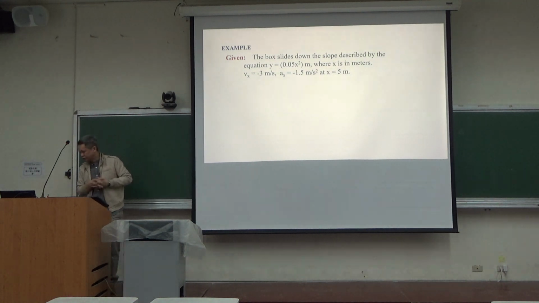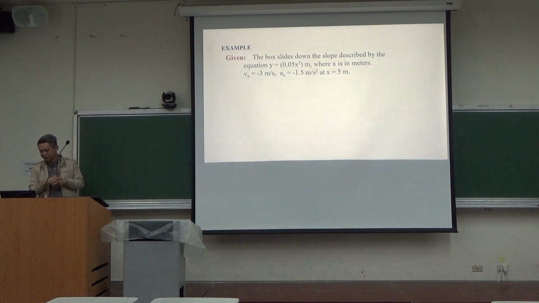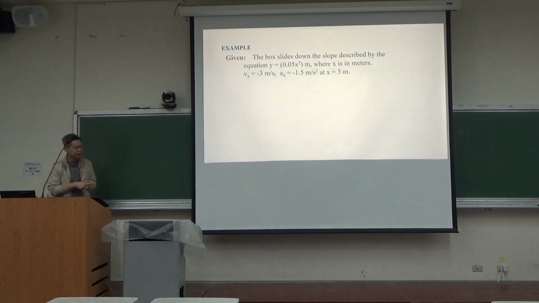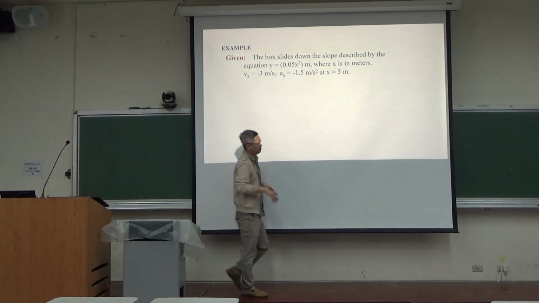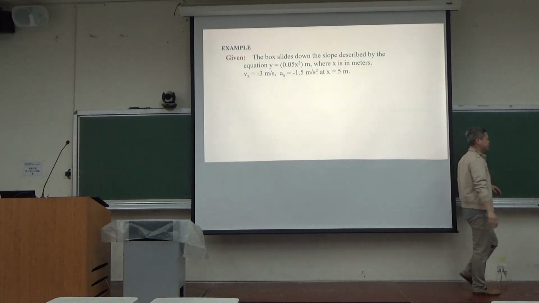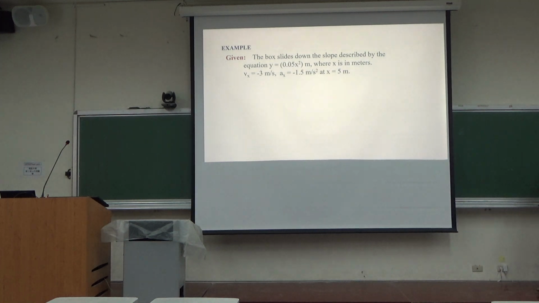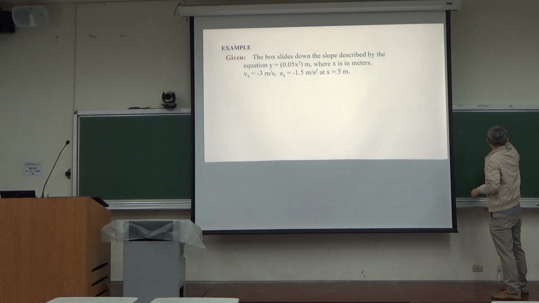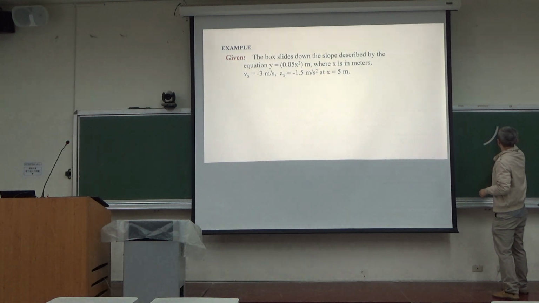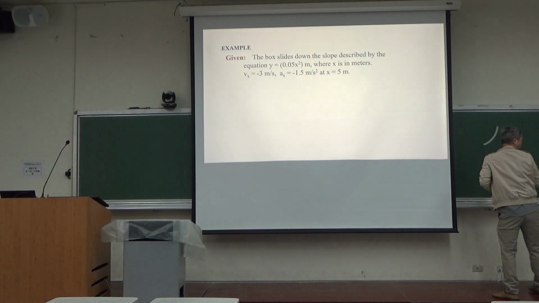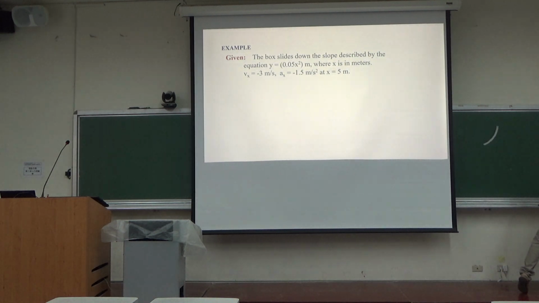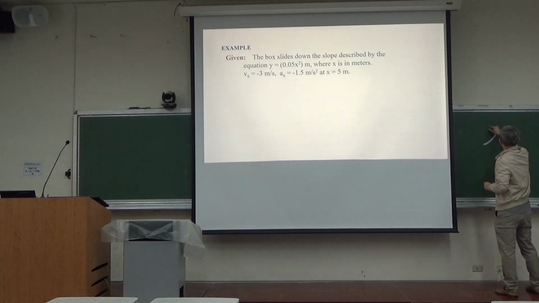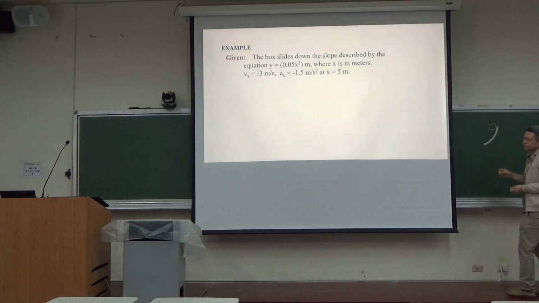So this question is asking you: a box is sliding down a slope as described by the equation. So what you have to do is write out the equation. By plotting, you are given the slope, and there is a box sliding down. You need to visualize it.